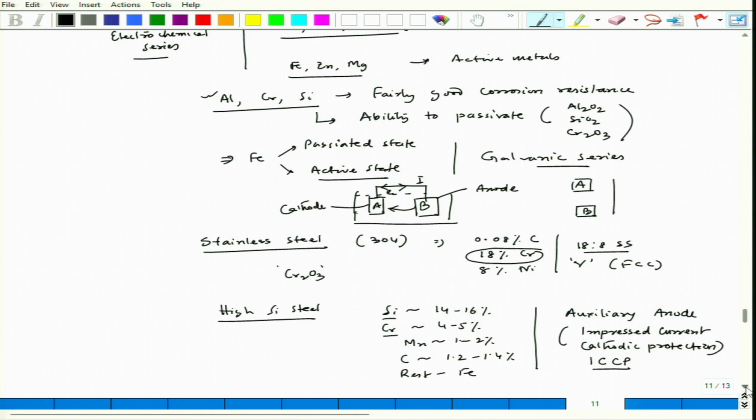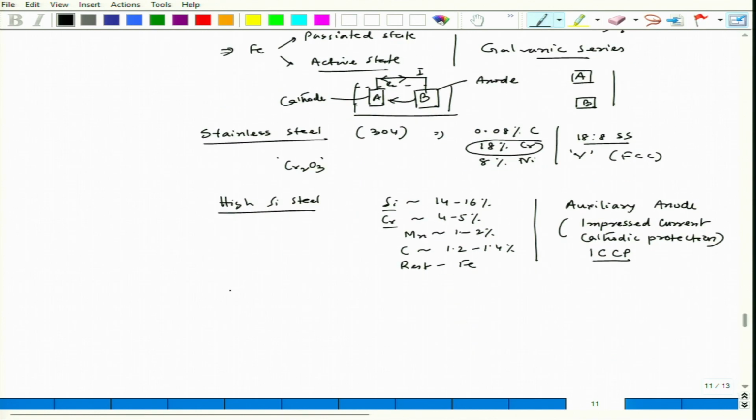Now, what is the use here? For example, let us say a steel component is to be protected, and it is in the soil. We connect it to a DC power source, and this is connected to a high silicon steel.